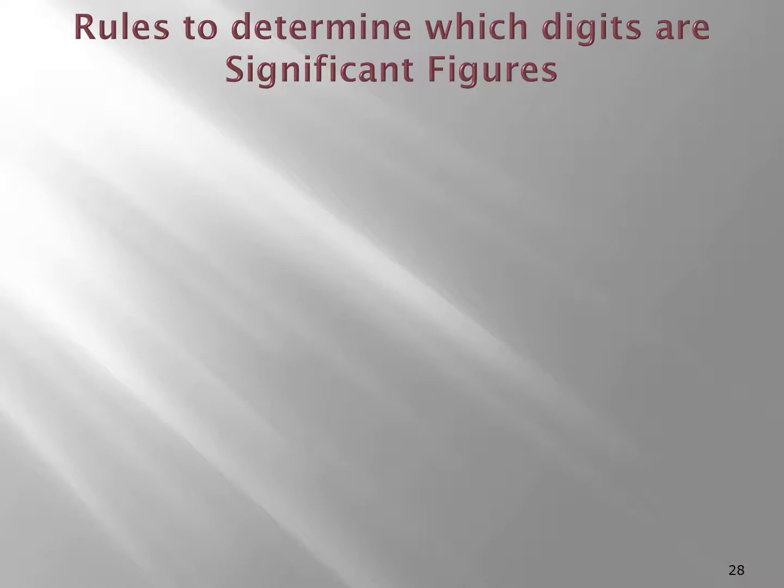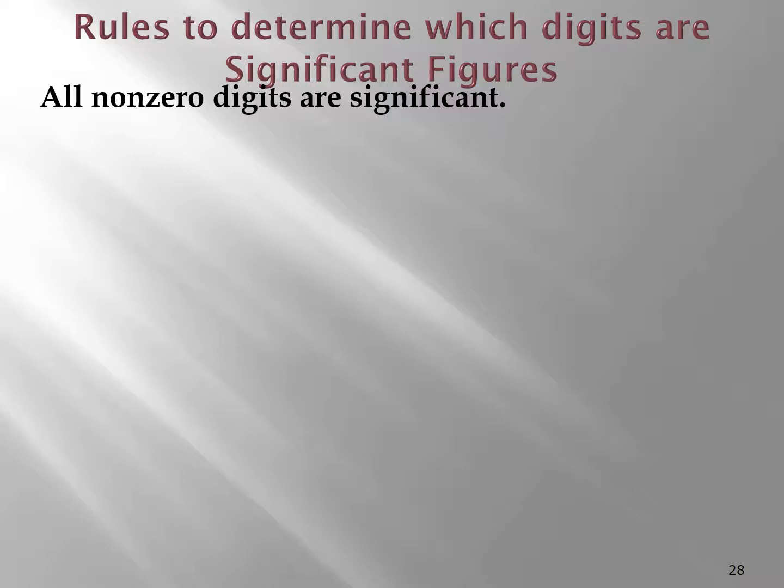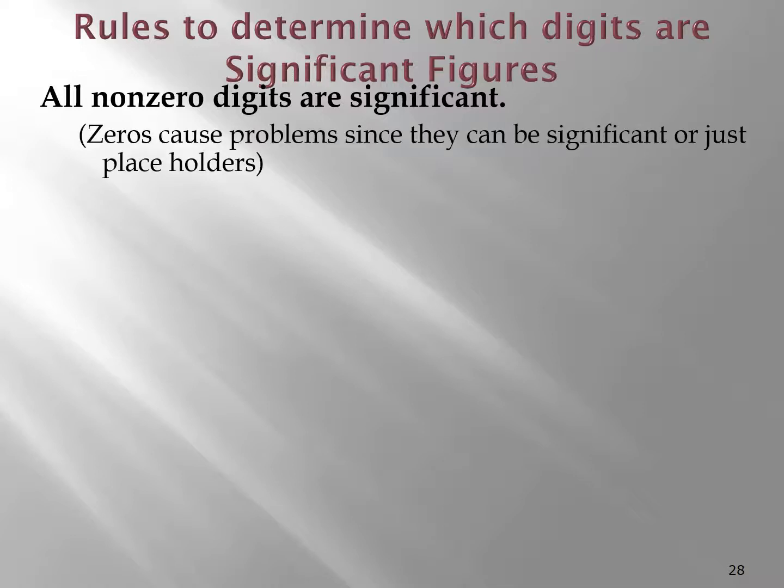All right, so rules to determine which digits are significant in a measurement. So first of all, anything that's non-zero is considered significant. If you went to the trouble to write it down, it's probably a significant digit. The problems come when you have zeros. So for example, when I measured the length of that table, was it really 100 centimeters or was it approximately 100 centimeters?